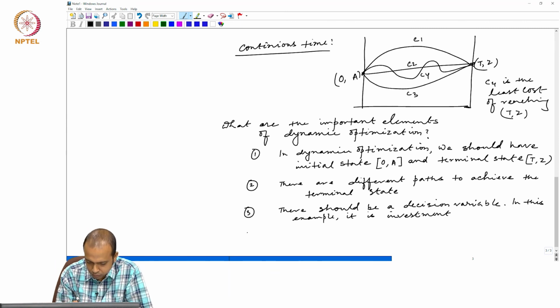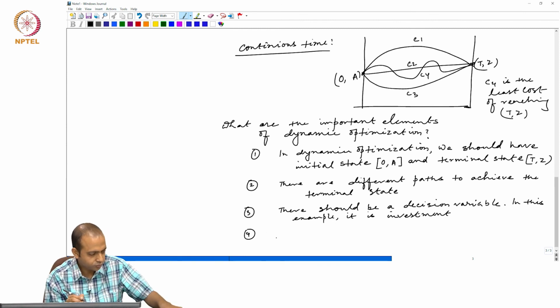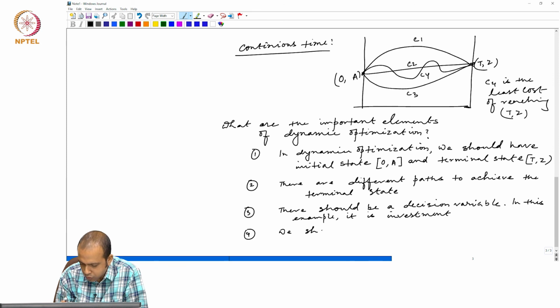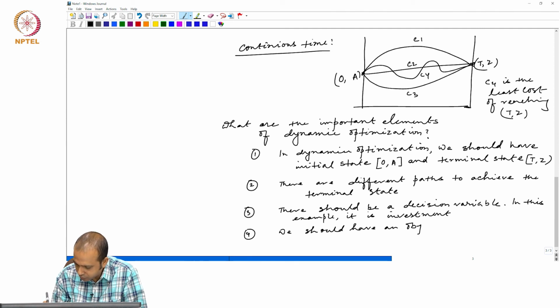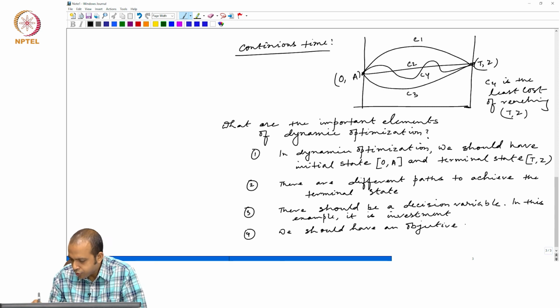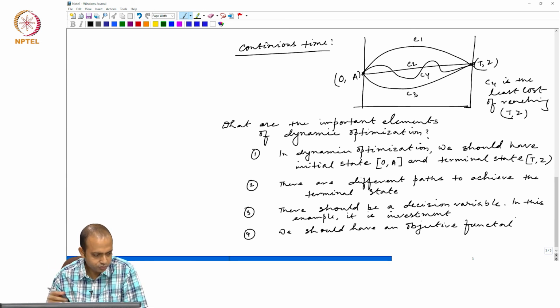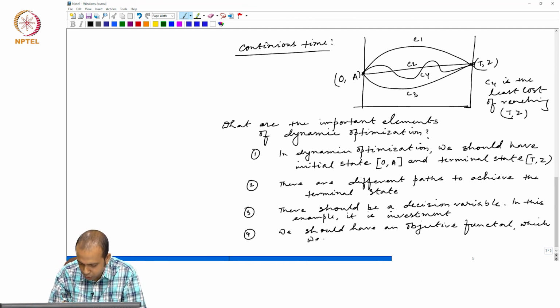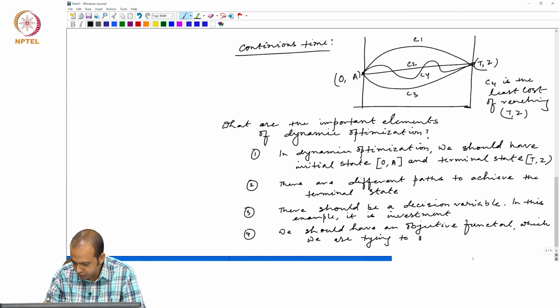Right. Then we should have an objective functional, okay, which we are trying to optimize.